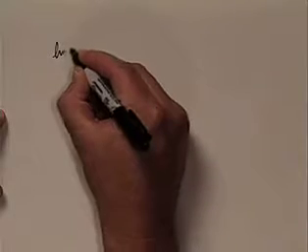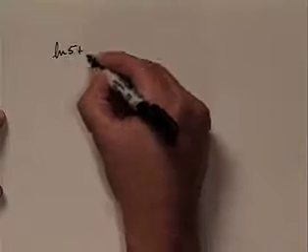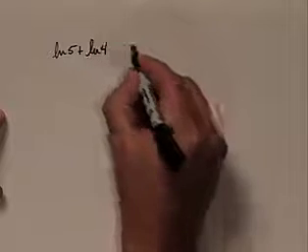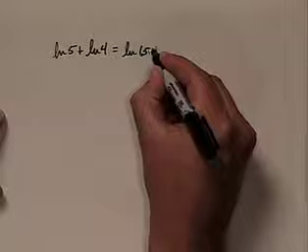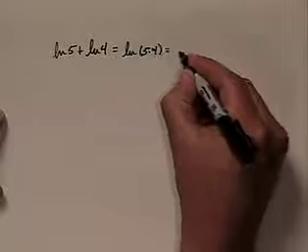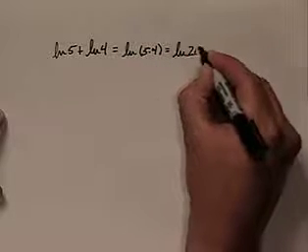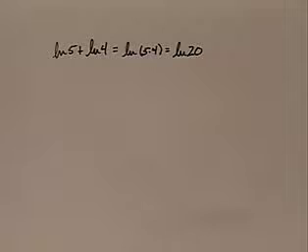Let's see what rule we might use to show this symbolically. Well, the natural log of 5 plus the natural log of 4 is equal to the natural log of 5 times 4, and the natural log of 5 times 4 is the natural log of 20. So we can also show that these two expressions are equal symbolically.